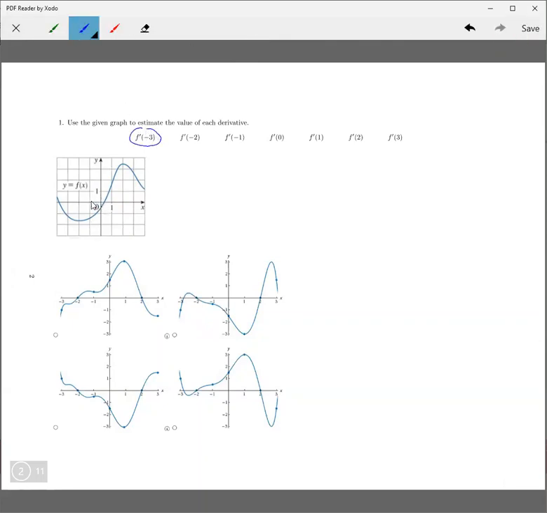So what you do is you come over here to -3, and then you come out here to this curve, and you look at the tangent to that curve. Okay, and you think, what is the slope of that tangent?